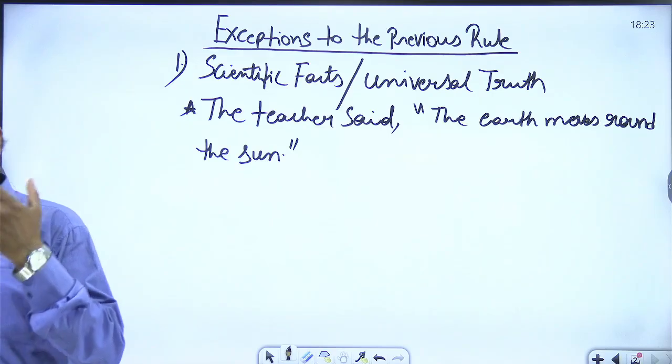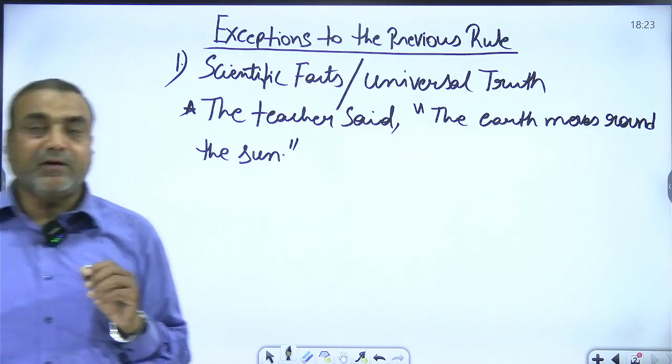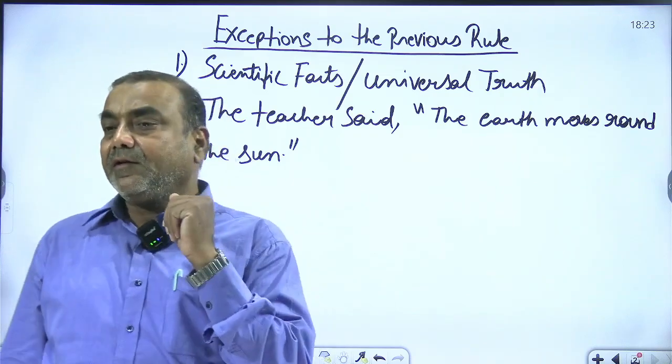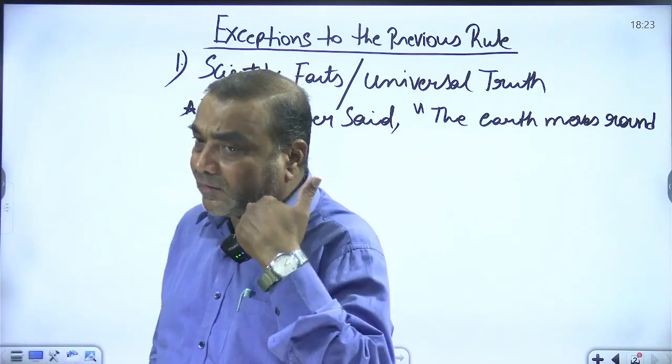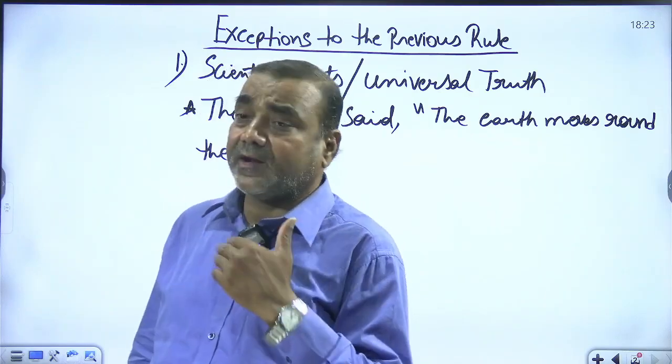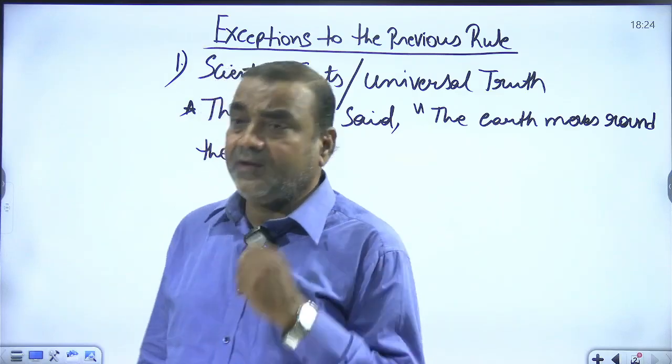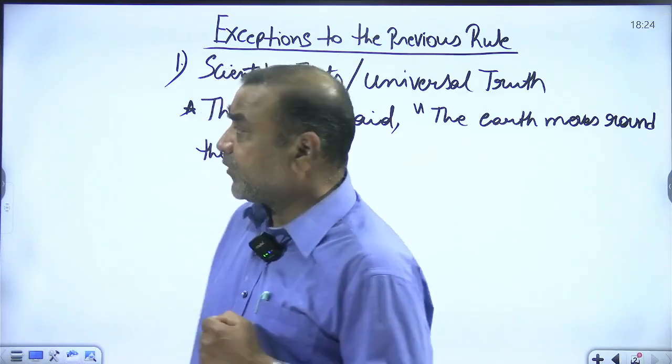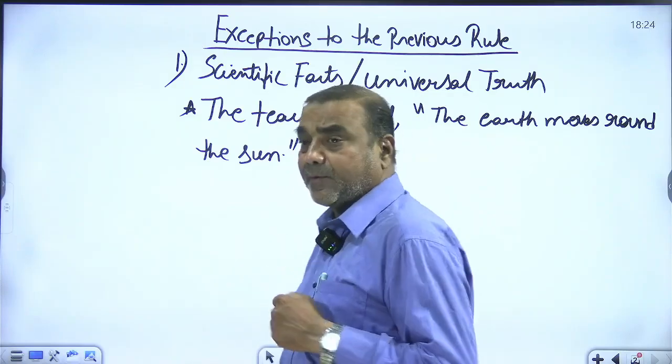Means the earth moved round the sun. The earth moves round the sun and the earth will keep on moving round the sun. ये हमेशा होता था, होता है और होता रहेगा. ये चेंज नहीं होगा. इसलिए इसको हम चेंज नहीं करेंगे verb के साथ.